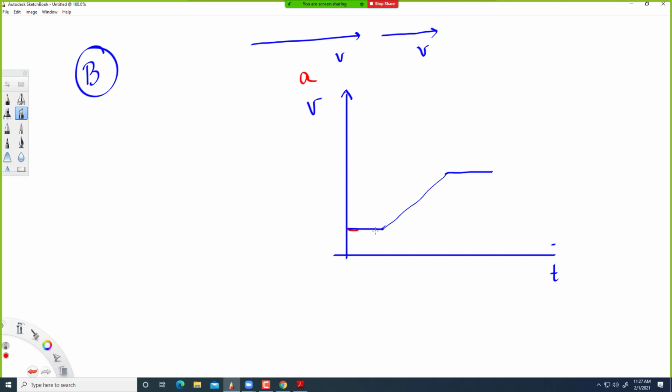No steepness, right? So that means zero steepness. How about the steepness here? Is it changing or the same from here to here? Same slope, right? Same steepness.